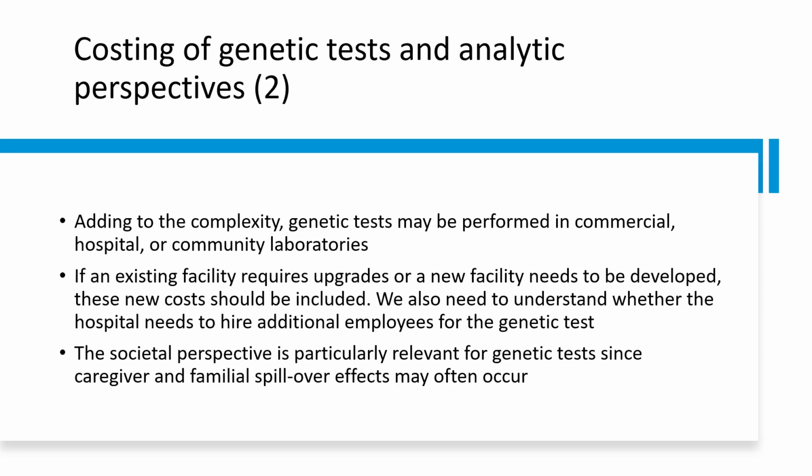Genetic tests may be performed in commercial, hospital, or community laboratories. For commercial tests, industry often sets a list price. For hospital-based tests, we need to consider whether the infrastructure, equipment, and setup costs should be incorporated. The societal perspective is particularly relevant for genetic tests since caregiver and familial spillover effects may often occur.